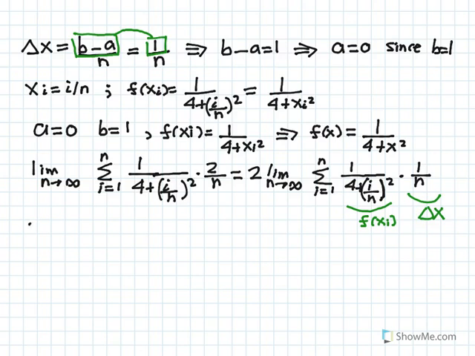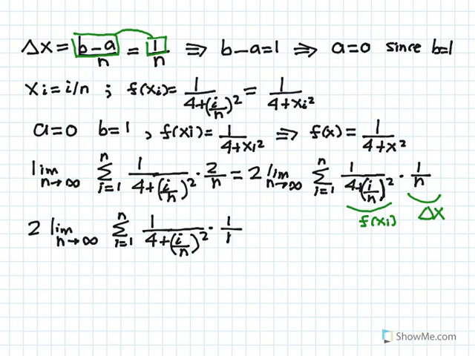Alright, so we have 2 times the limit as n goes to infinity of the summation i goes from 1 to n of 1 over 4 plus (i over n) all squared times 1 over n.